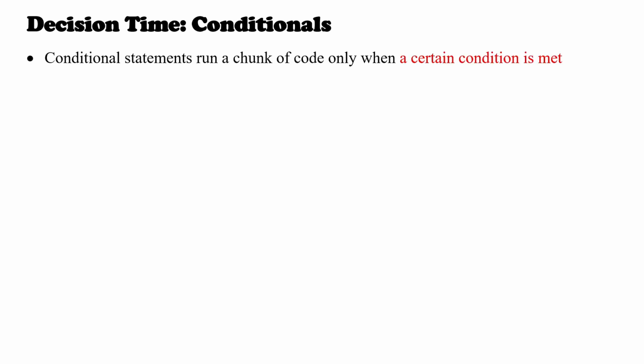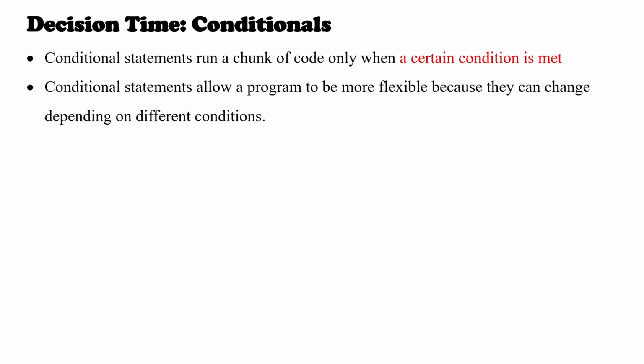Conditional statements run a chunk of code only when a certain condition is met. Conditional statements allow a program to be more flexible because they can change depending on different conditions. And this is why we use conditionals.